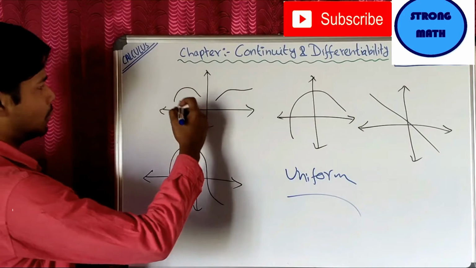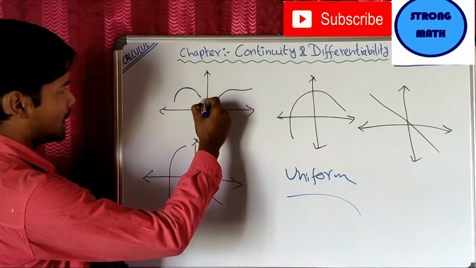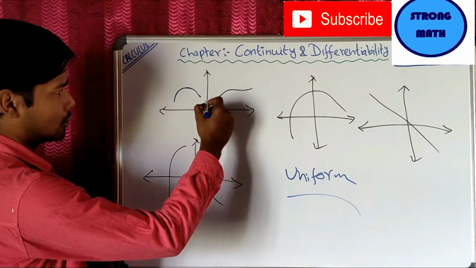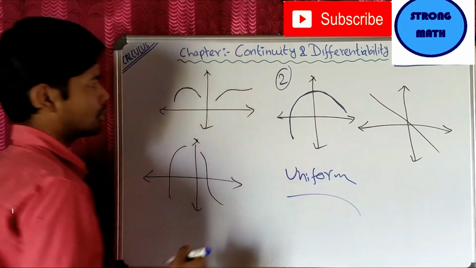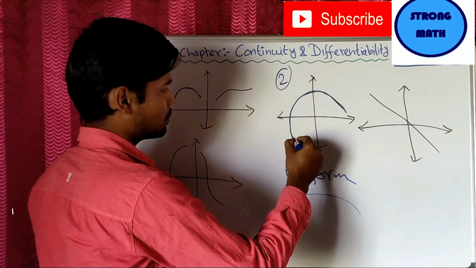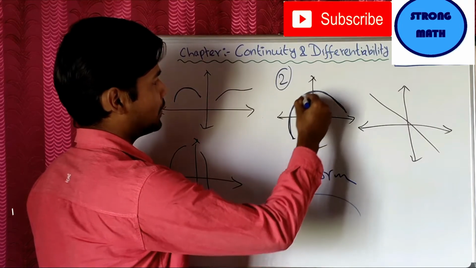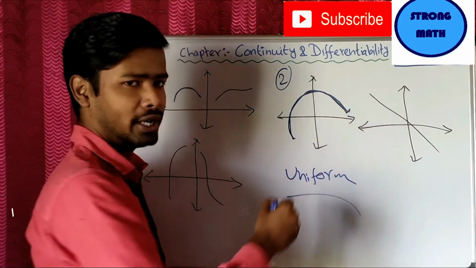For the first graph, if we start from here, then we have to stop here because there is a break. So this is not a continuous graph. But for the second graph, we can start from this point, and without lifting the pen we can reach up to the end point.